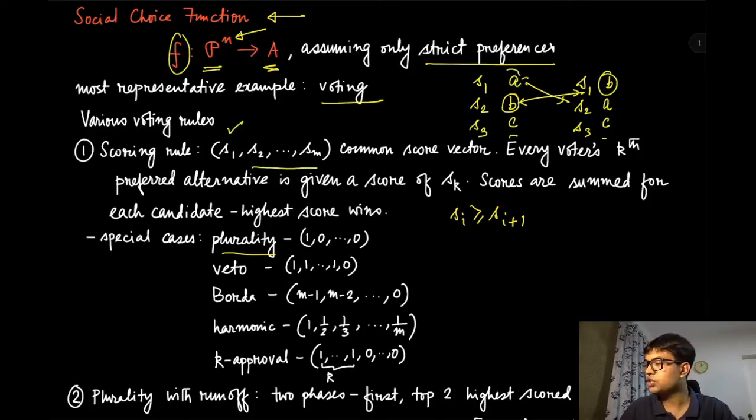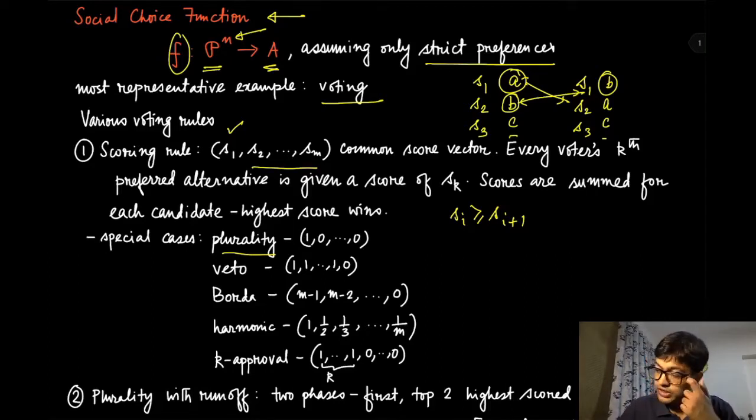So you just count the topmost vote, and this is exactly how we have our usual elections, the Lok Sabha or the Vidhan Sabha elections. The voters only cast their most favorite candidate, which you can consider as giving the score of 1. For all the other alternatives, you don't really ask the voters to reveal them.